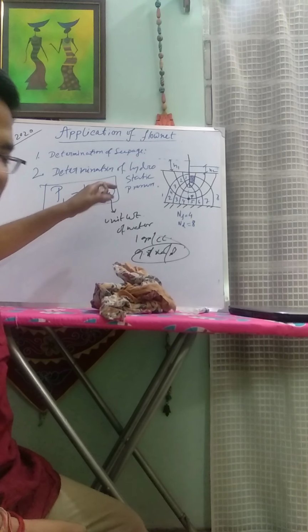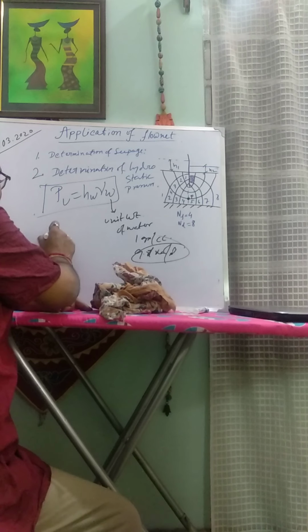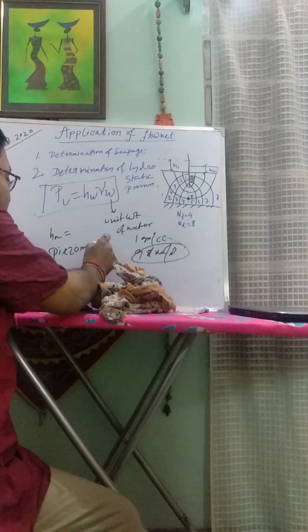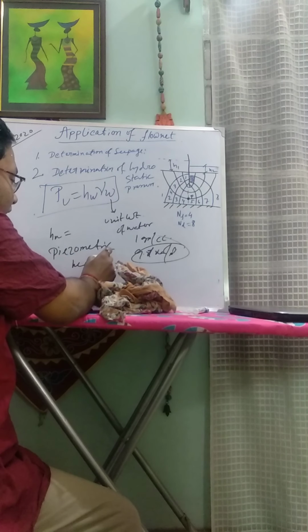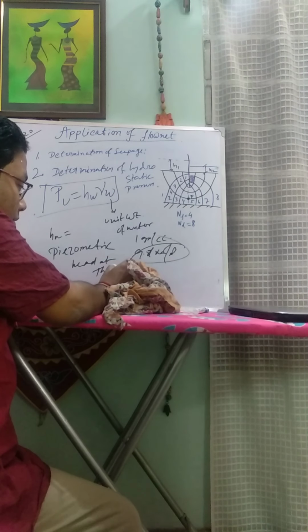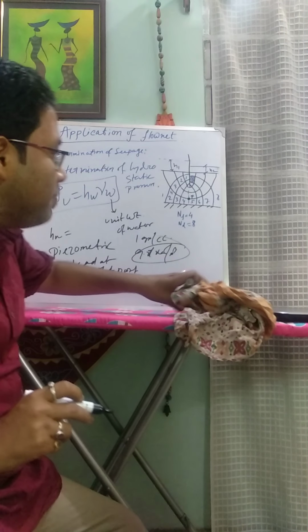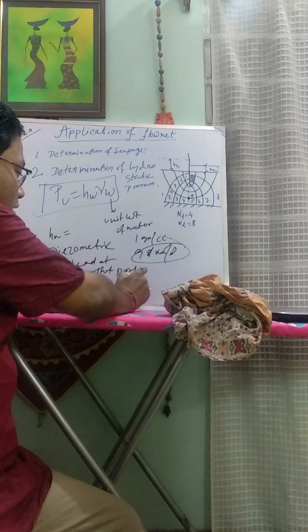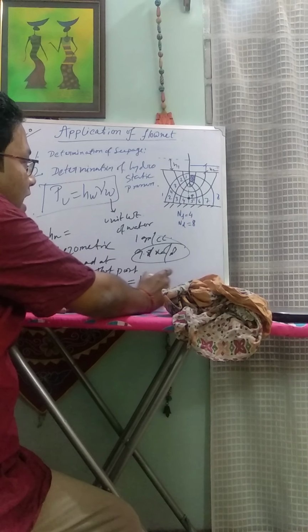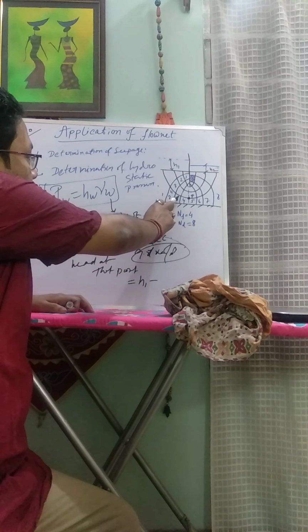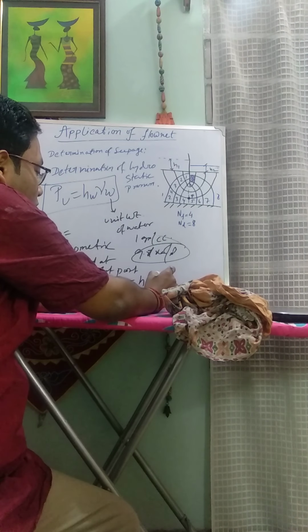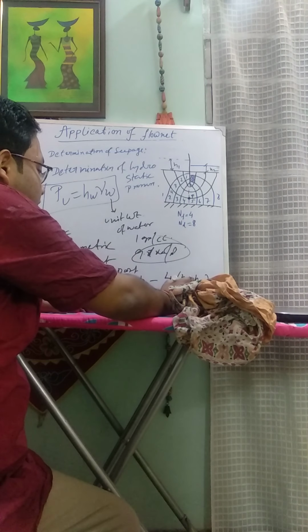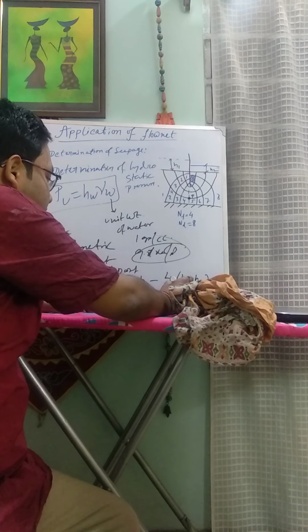Then HW means the piezometric head at that point. For the piezometric head at P, it will be H1 minus 4 into (H1 minus H2) by ND, that is 8.